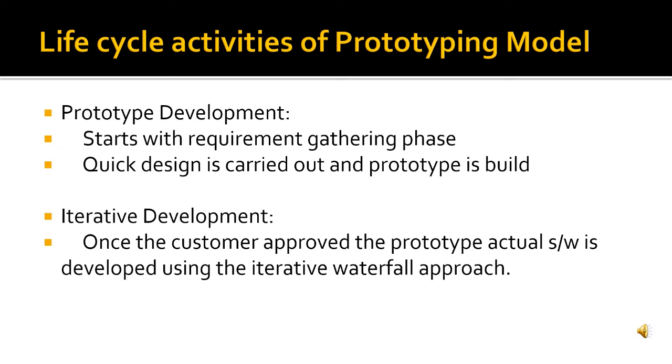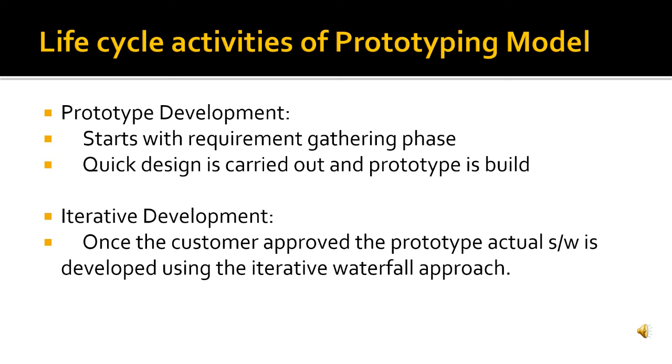After that, when the prototyping model is approved by the customer, the actual software is developed using the iterative waterfall approach. Here the same thing we read in the iterative waterfall model applies: the SRS document is very important here. In spite of the availability of working prototypes, the SRS document still needs to be developed, since the SRS document is invaluable for carrying out the later phases.